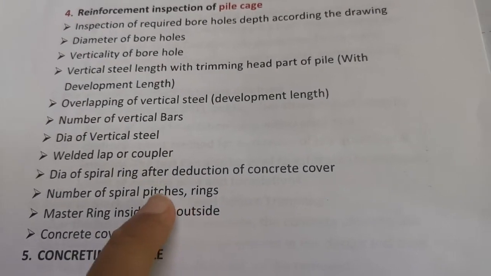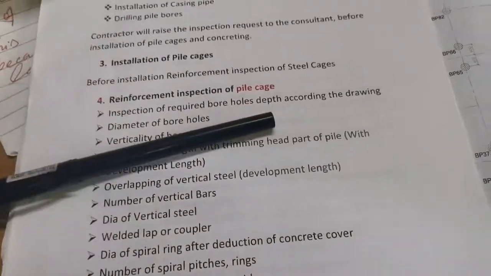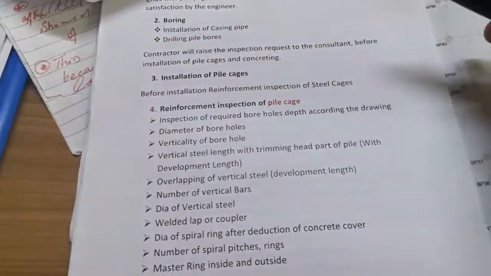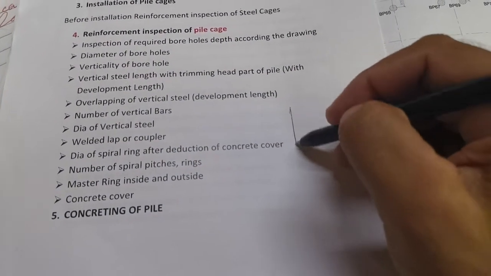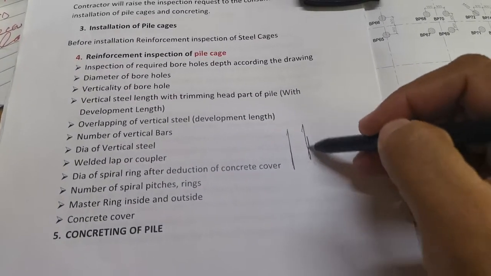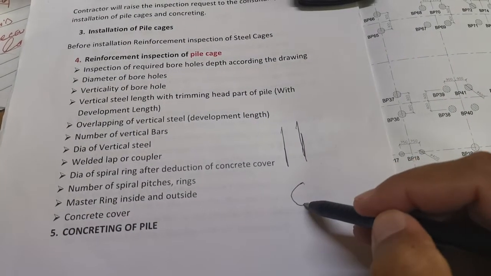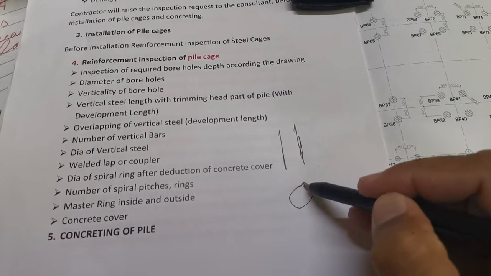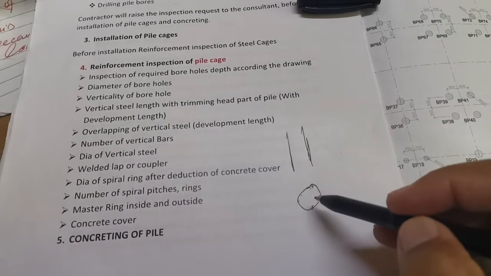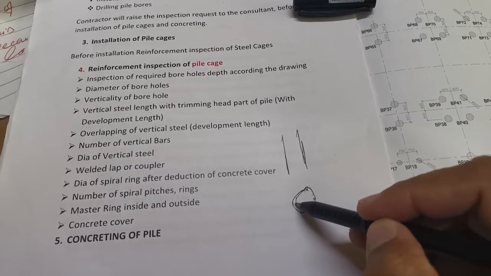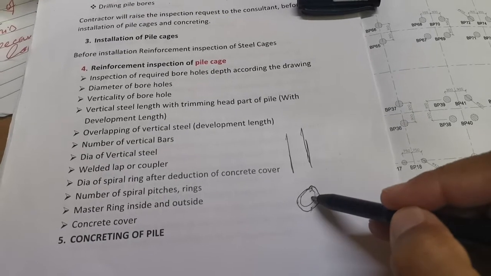Number of spiral pitches rings, I will just show you, because in one hand I don't have a catcher today. These are the piles, and this is the plan of the pile. These are the vertical bars, and these are the inner rings.